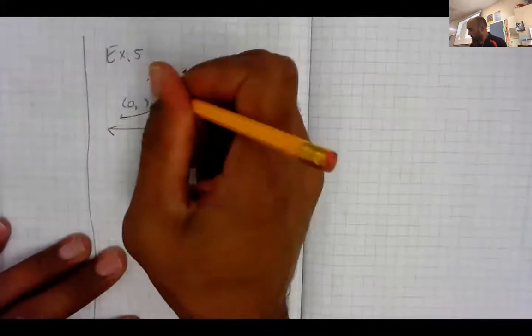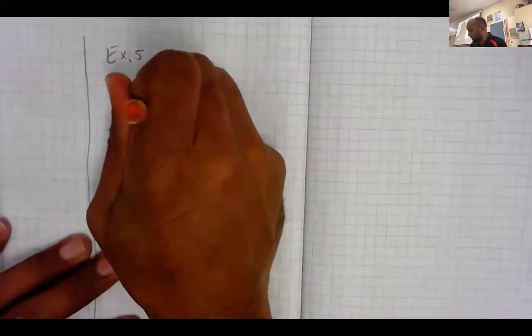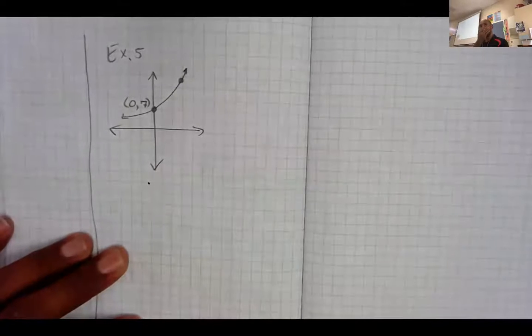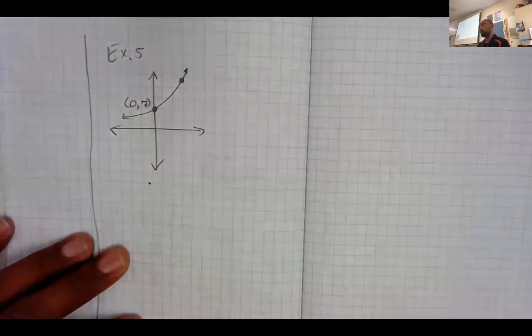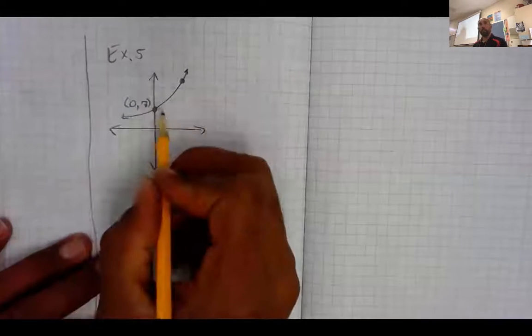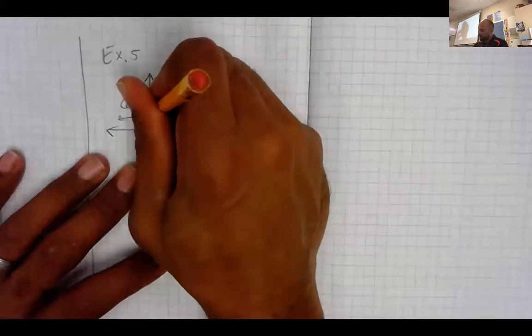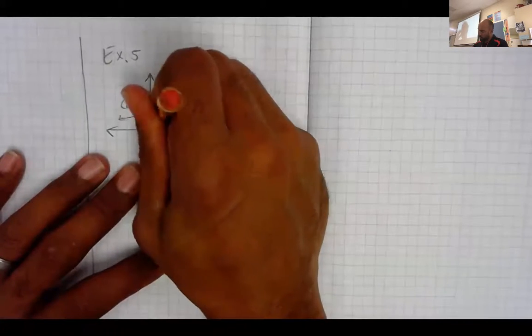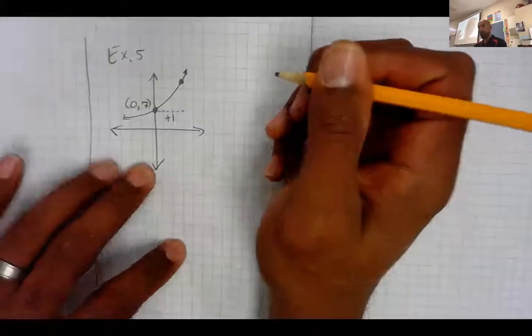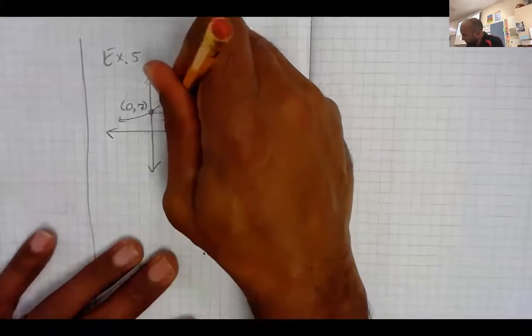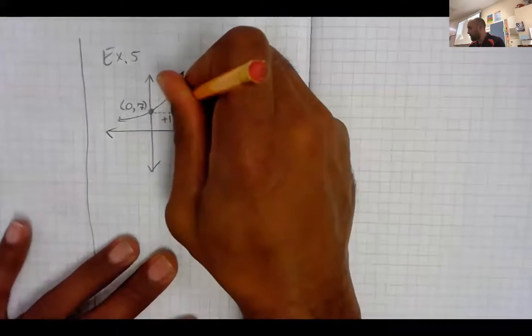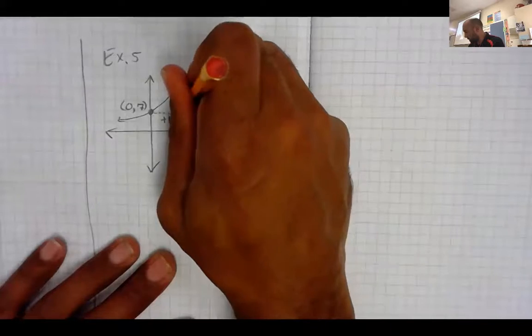So let's just say this is 0 and 7. Now it starts with 7. And let's say that from here to here, there's an increase of 1 going to the right, and then when we go up, there's an increase of 14.